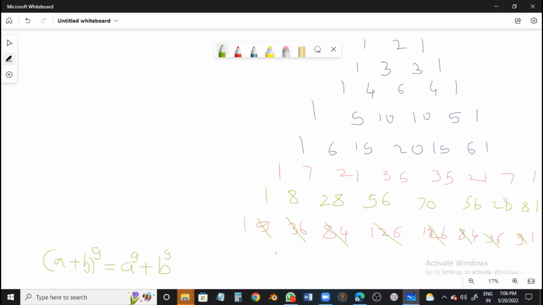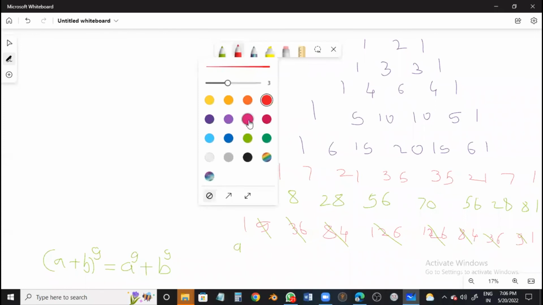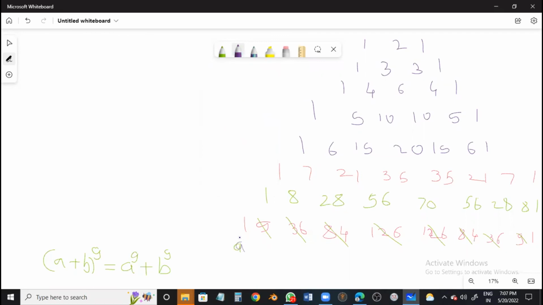See, what will be the second entry? This was a raised to 9. If I go with this a raised to 9, here it will be 9 times a raised to 8 into b. Do you agree?